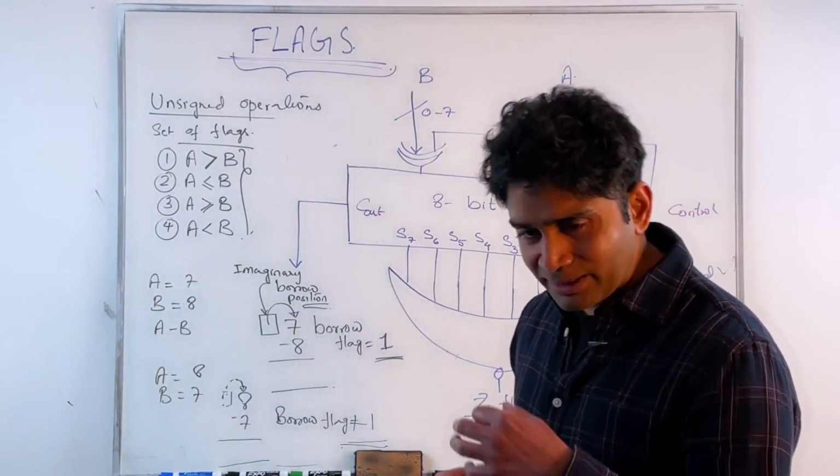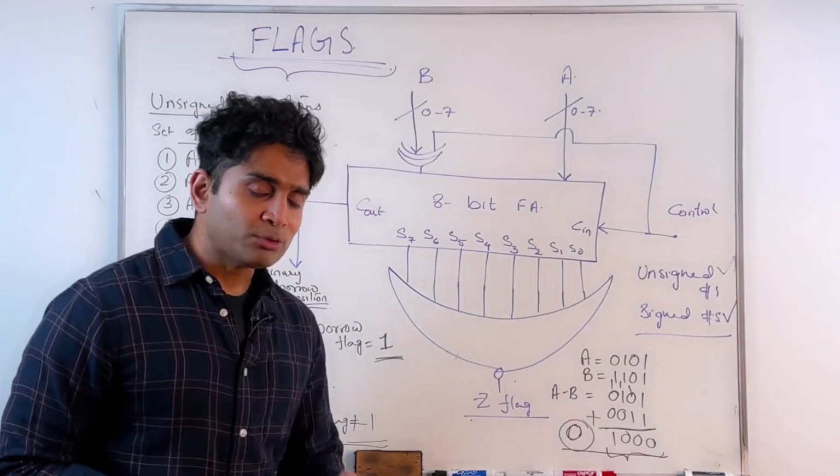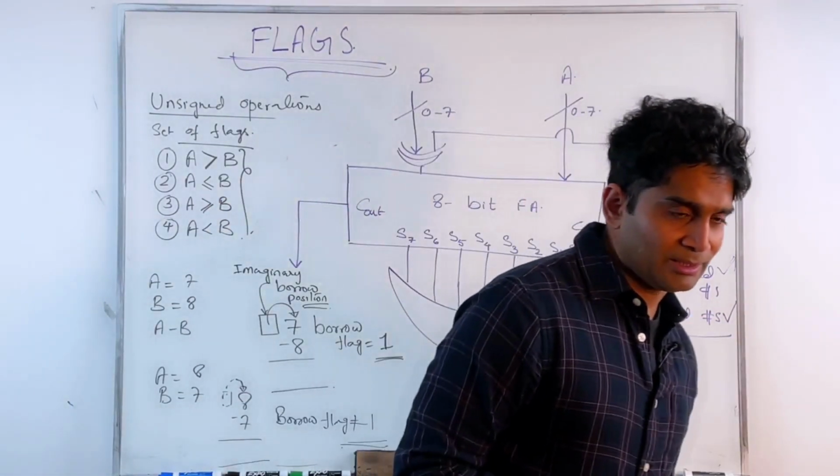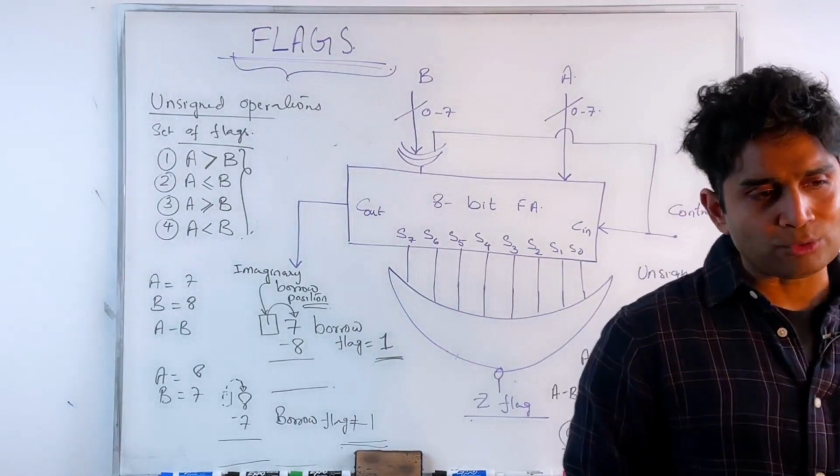There are two different ways of thinking about this. One is when I'm doing the 2's complement approach, I can look at the Cout that comes out.